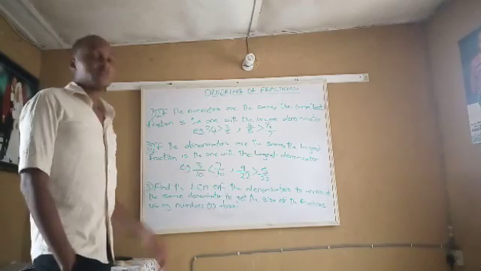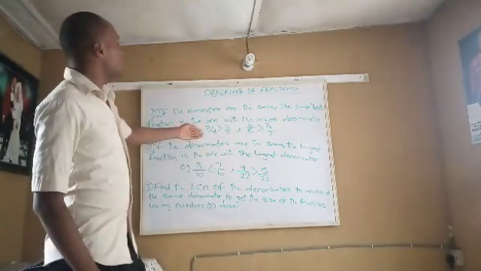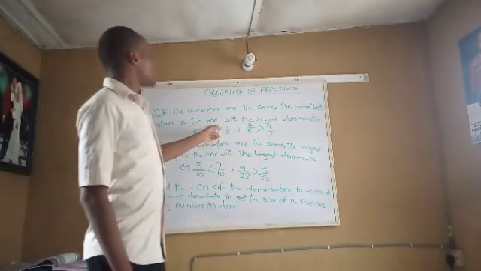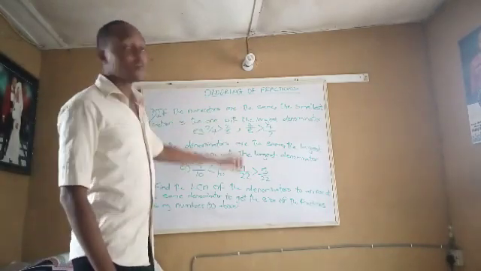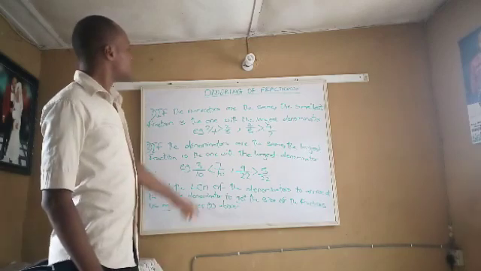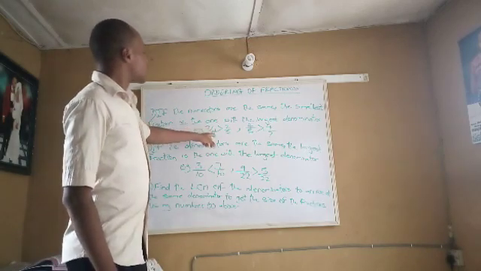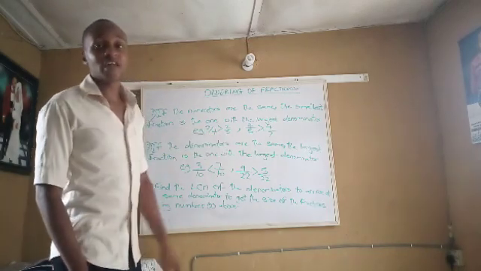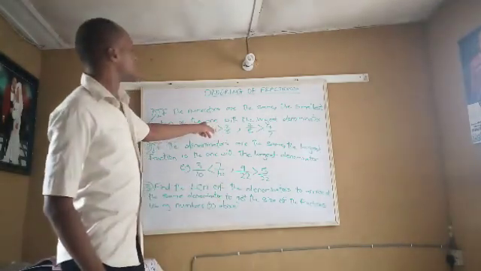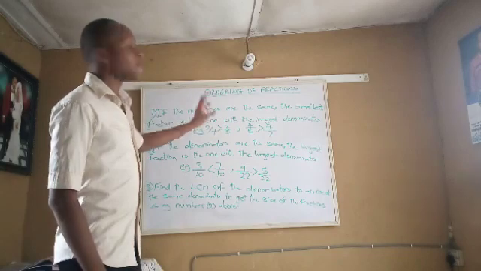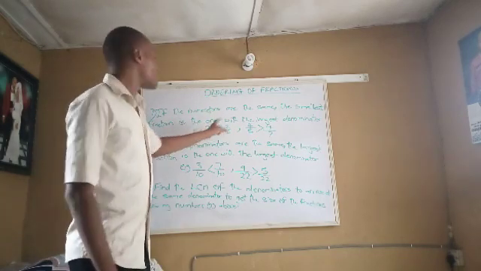Now what it simply means is this: you have two fractions, and their numerator is the same. Since their numerator is the same, their denominator is what you use to find out the biggest among them. For example, they have a common numerator of 2 and 2.